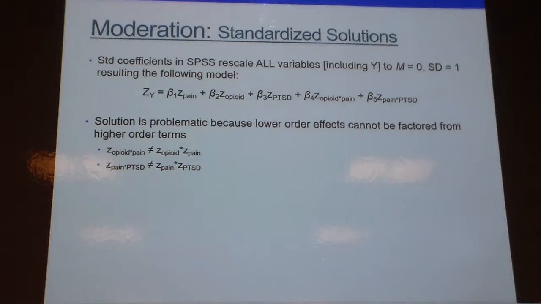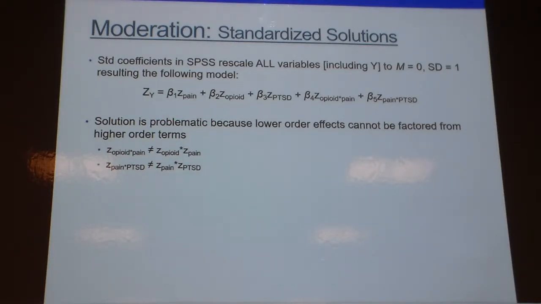Okay. Now the problem is that when we're working with interaction terms, remember that in order for this interaction term to make sense, we need to be able to pull it apart. We need to be able to decompose it algebraically. We need this multiplicative effect to be the component of my 2 base scores, right?